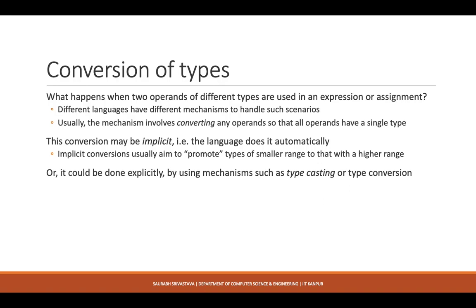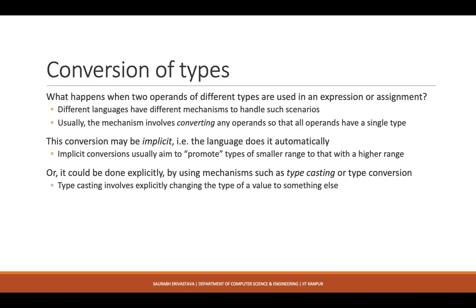But sometimes, and you might have already done that in your labs, you have to do the opposite. For example, you may have to typecast a floating type or a double type variable to an integer, right? So we use something known as typecasting or type conversion, which is an explicit change in the type of a particular value, or the current value of a variable.